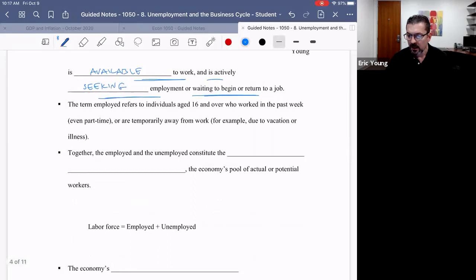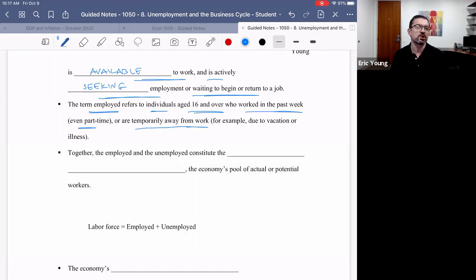Just like there's a specific meaning of the term unemployed, the term employed has a specific meaning in macro theory. Employed refers to, again, individuals age 16 or over, and here's the key to employed, who worked in the past week, even if it's part-time, or who are temporarily away from work.